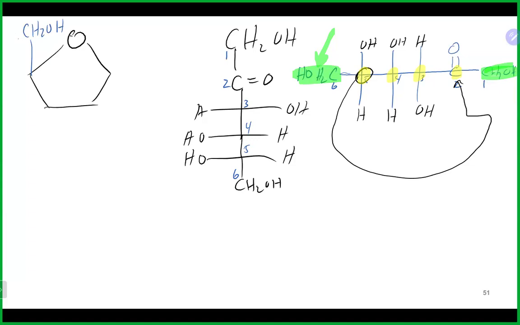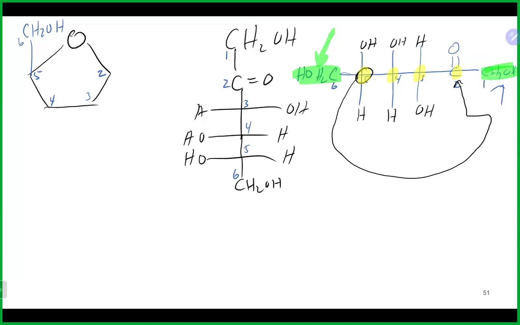We'll still do the same thing. That would make this carbon number 5. That would make this carbon number 4, this carbon number 3, and carbon number 2 in this case. Carbon number 1 is off the ring, right? So it's going to be attached there, off the ring. It's not part of the ring in this case. We will still skip number 5 because that's where it comes together to make the ring.